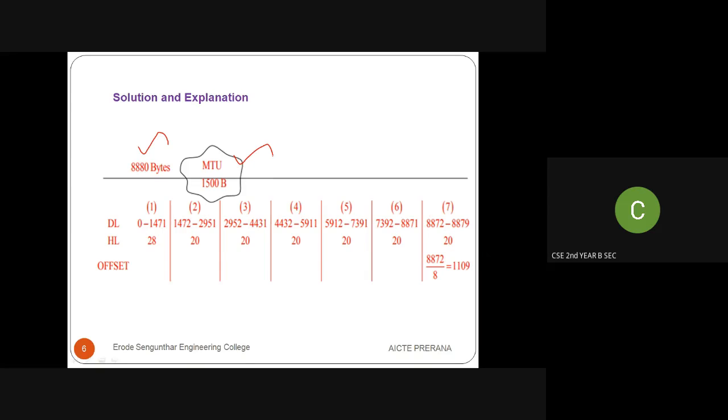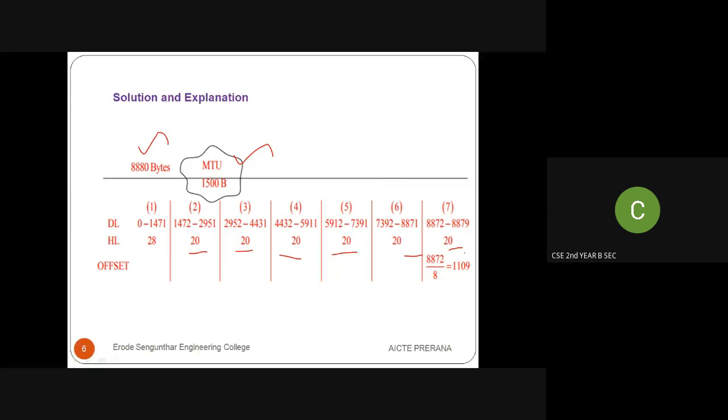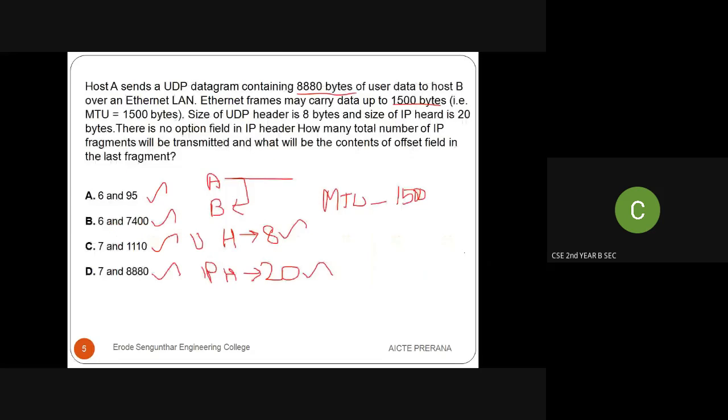So we have to find out the offset. We split this data from 0 to at most 1500, that is 0 to 1471. We split the data in chunks of 20, because they have given the IP header as 20.